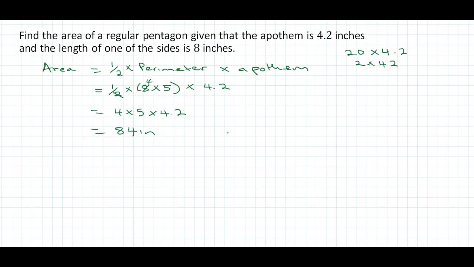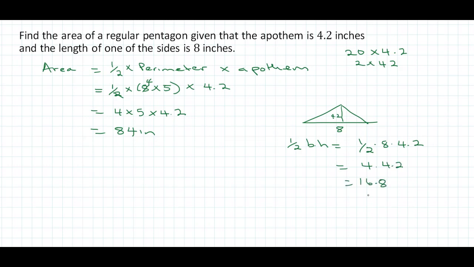Now the other method is to remember that your apothem is the height of the triangle. So let's go ahead and draw a triangle here. So this is 8 right here, this is 4.2. And so we find out the area of this triangle first, which is 1/2 base times height. 1/2 of 8 multiplied by 4.2, which is 4 multiplied by 4.2, and you get 16.8.